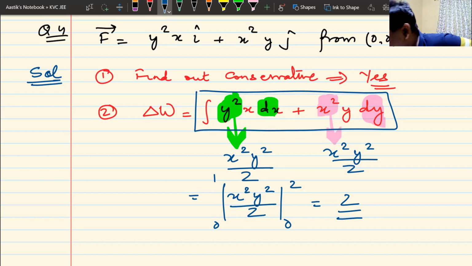This is the most difficult problem that you can get. Anyone has any doubts on this? Please raise your doubts now. I'll give you a minute to note it down.